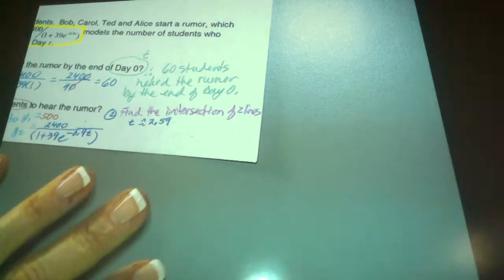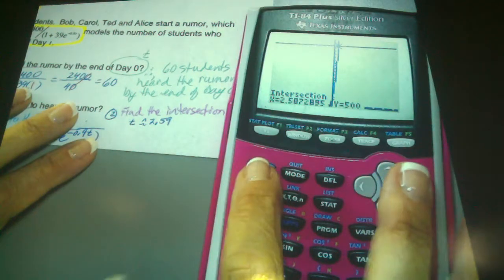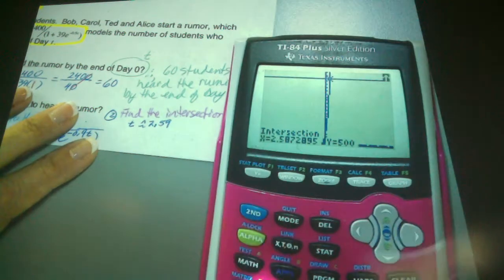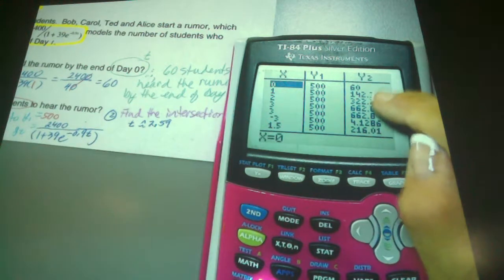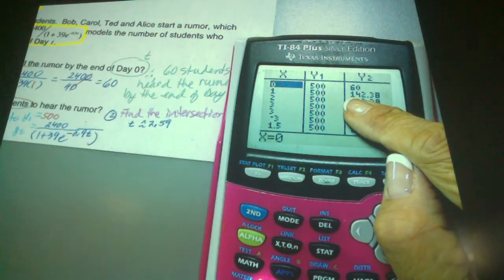Now, you cannot say, therefore, after 2.59 days, 500 students have heard the rumor. Are they going to stop the day at exactly 2.59 and figure out who's heard the rumor? No. Days come in whole units. So if you go to your table, second table, if you put in the 0, look at the rightmost column, that's where the original column comes from.